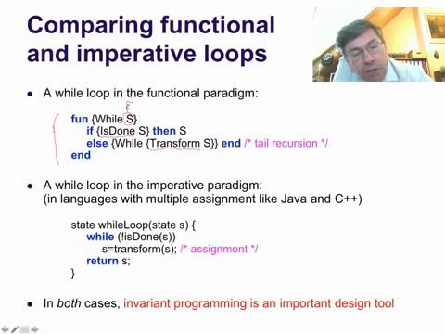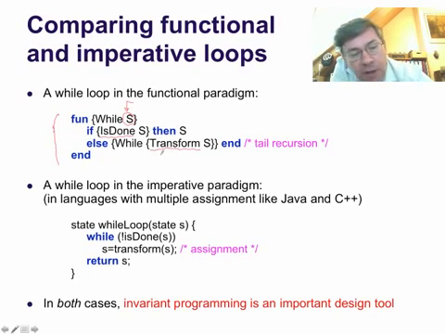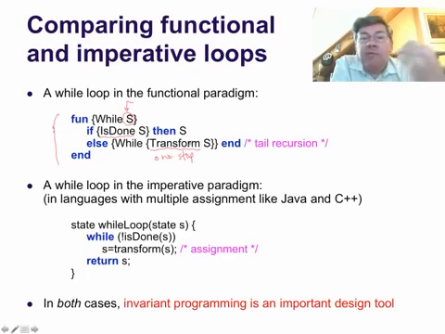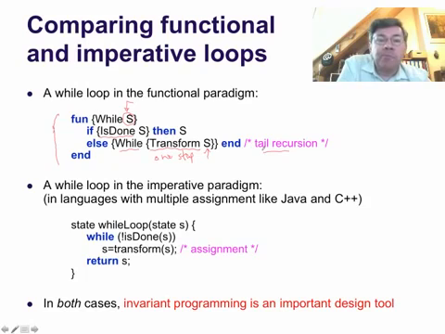This state could be multiple arguments. It could be both the part that's decreasing and increasing, and the transform is going to do one step in the invariant programming, where one part decreases and another increases together inside of S. Notice that the while here is the last operation, so here we have tail recursion.